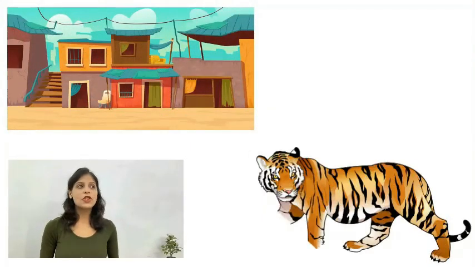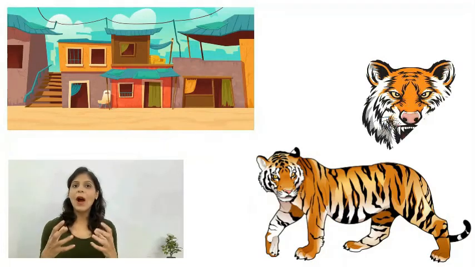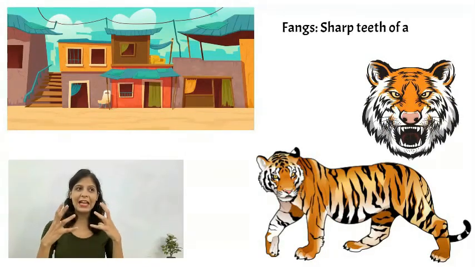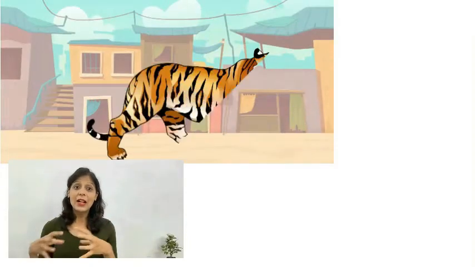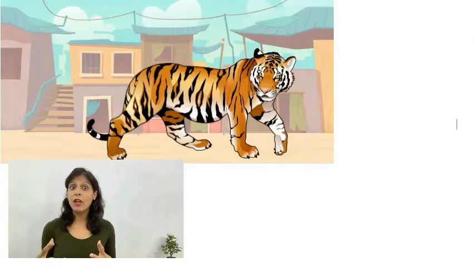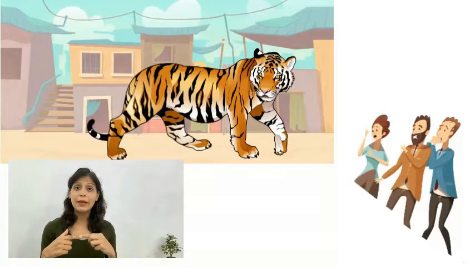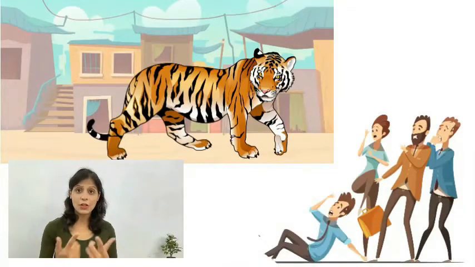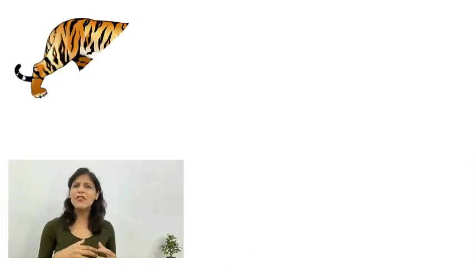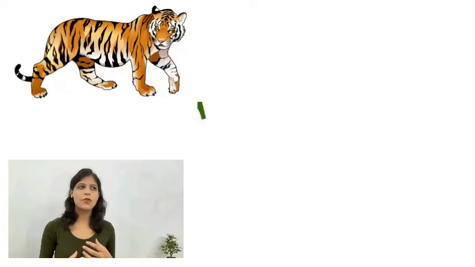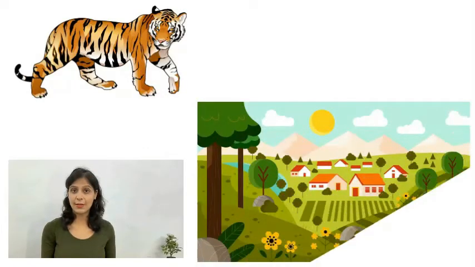There he would be showing his white fangs and claws while moving here and there. This would create fear among the people living in those villages around the jungle. He would thus become a cause of terror for the villagers.